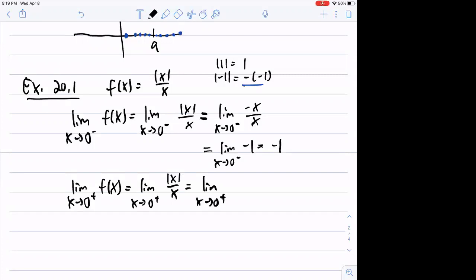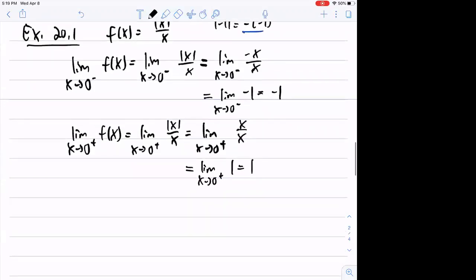Absolute value does nothing to it. So this should just be x over x. Hopefully this is a good review of Math 2A.